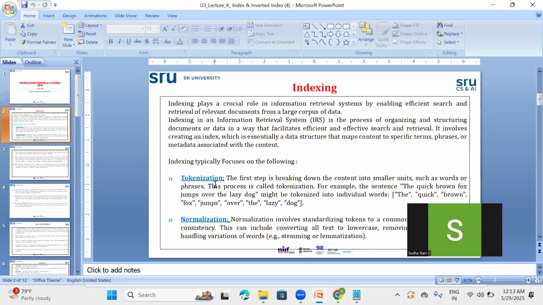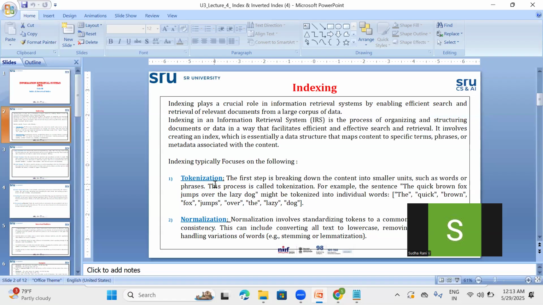Next, normalization. Stemming or lemmatization can be considered as normalization. In my previous class, I clearly explained stemming and lemmatization and the differences between them. You can see that also.